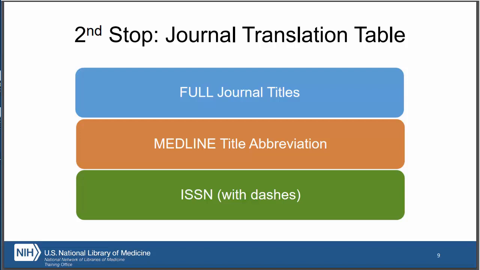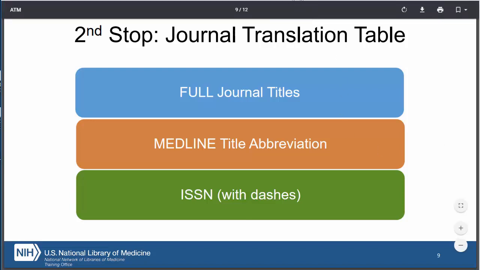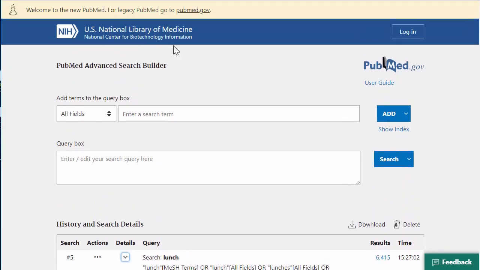And when you search with an ISSN number, you need to use the dashes. If you enter just a piece of a journal title, an unofficial piece, PubMed will not find a match in the journal table. So let's give that a try, and you can open up a browser to do the exercise as well.